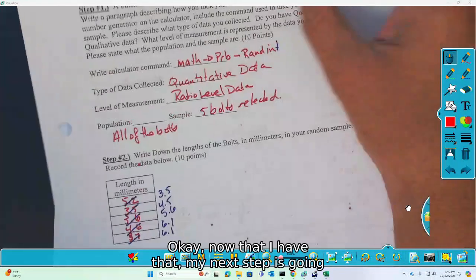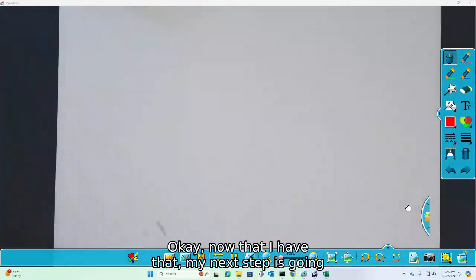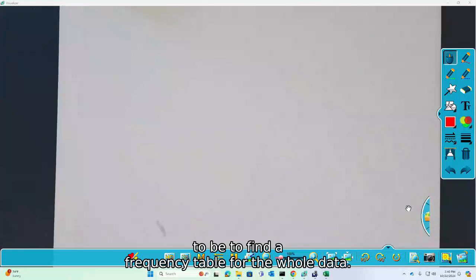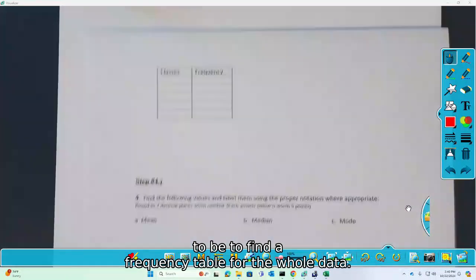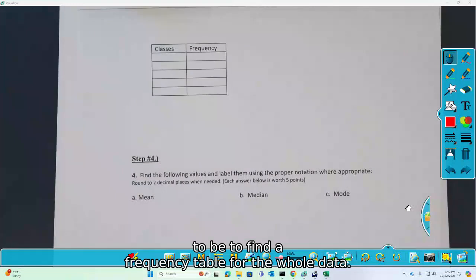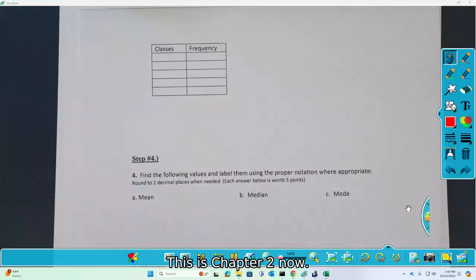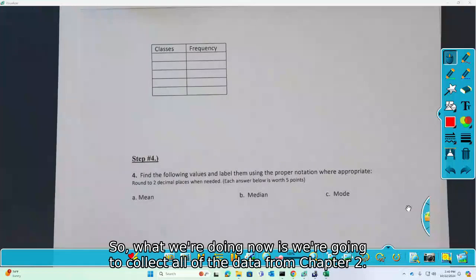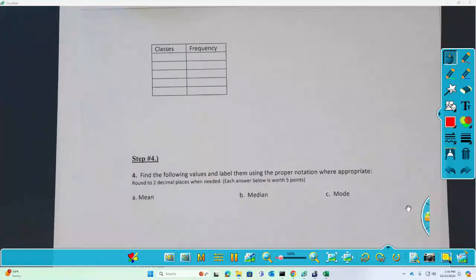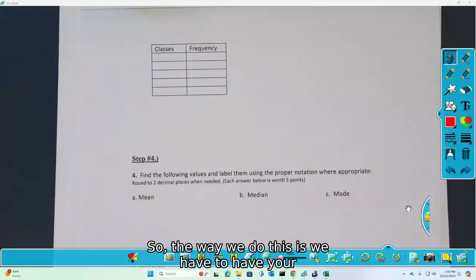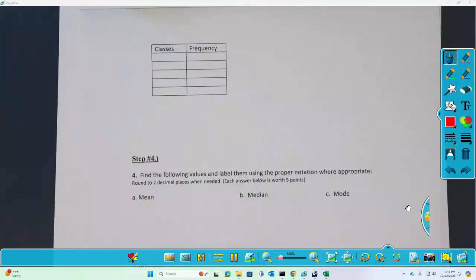Okay. Now that I have that, my next step is going to be to find a frequency table for the whole data. This is chapter 2 now. So what we're doing now is we're going to collect all of the data from chapter 2. So the way we do this is we have to have your highest and your lowest value.